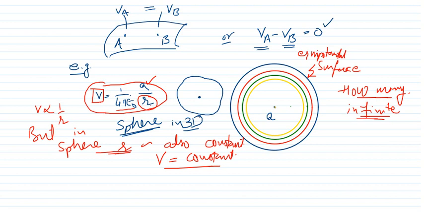Therefore you can see that here I am having different spheres with different radii. This is radius 1, then for the second one this is radius 2, for the third one this is radius 3, and for the fourth one this is radius 4. Therefore you can see that I have different spheres. Such type of spheres I can draw infinite in number.